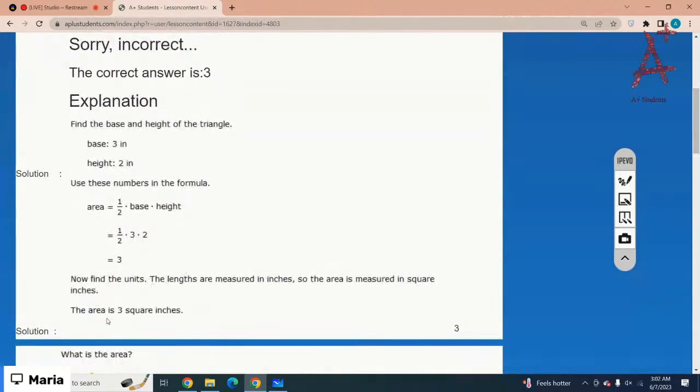That means the area of the triangle is 3 square inches.